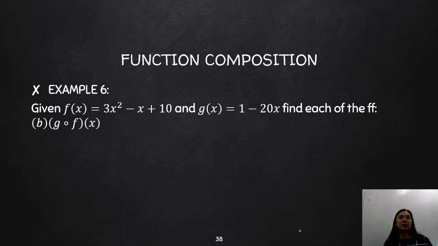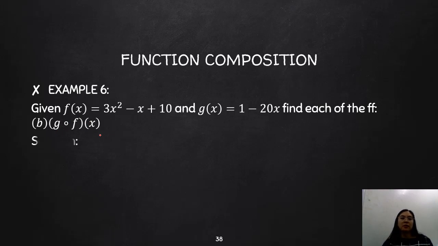So, let's take a look at another example. Diba yung value ng function mo, hindi naman kailangang palaging real number. Pwede siyang maging variable, as with the case that we have here. Sabi niya, we will get the g of f of x.